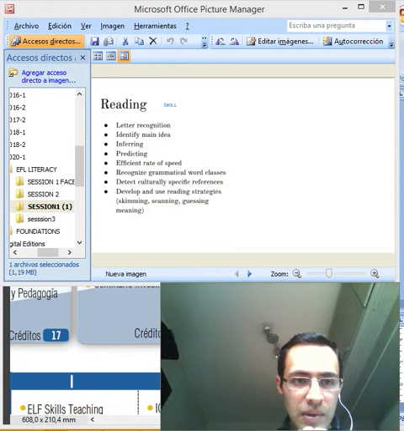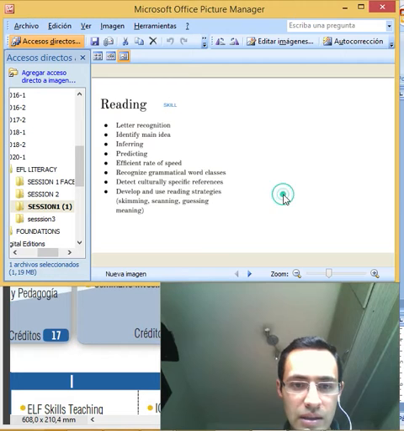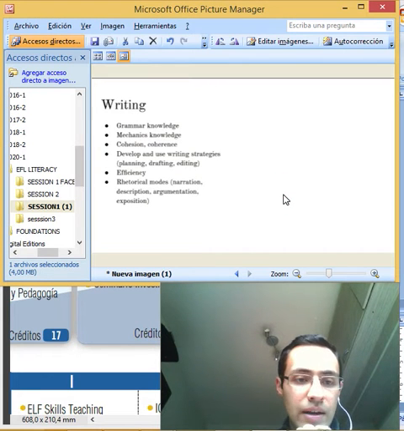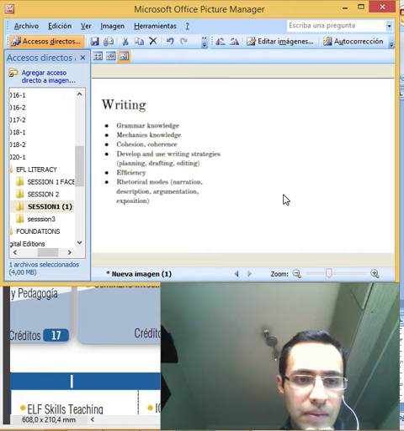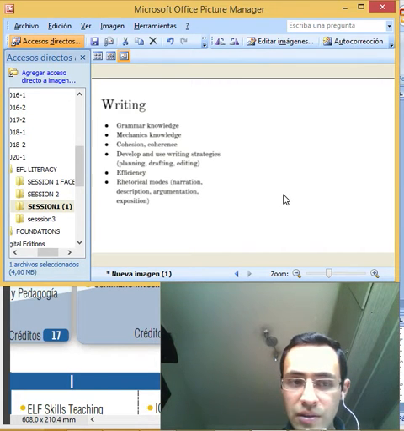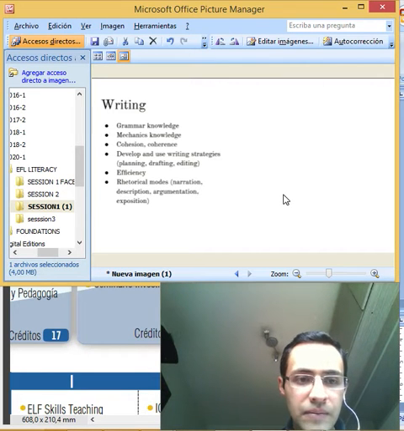The same happens in the case of writing. In writing, you have to think very well about what you are going to write. For example, develop and use writing strategies: planning, drafting, editing.